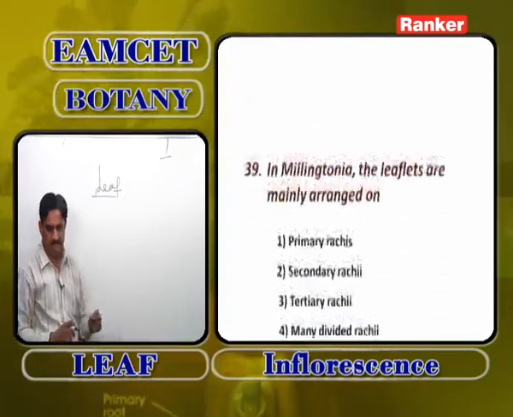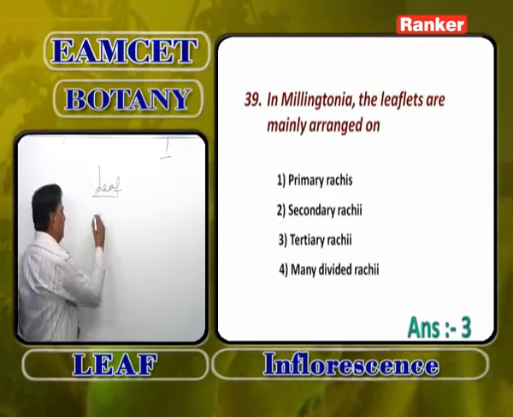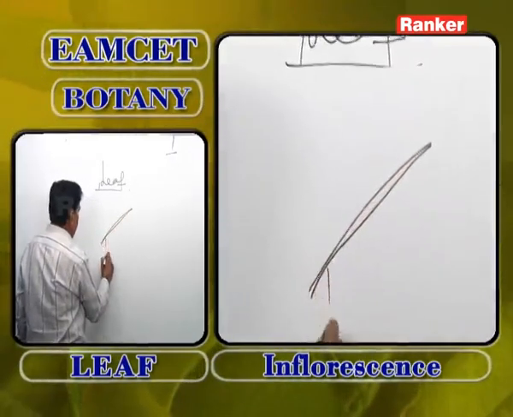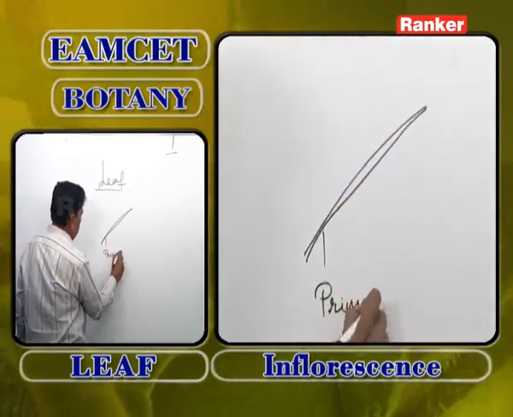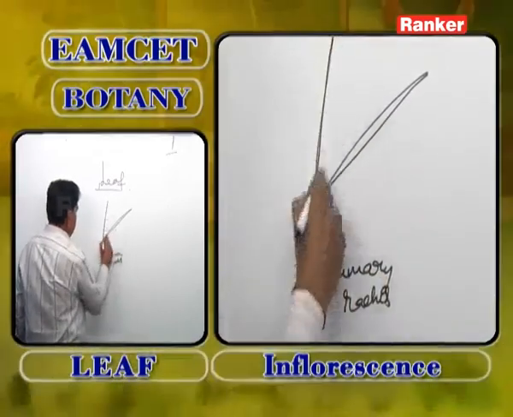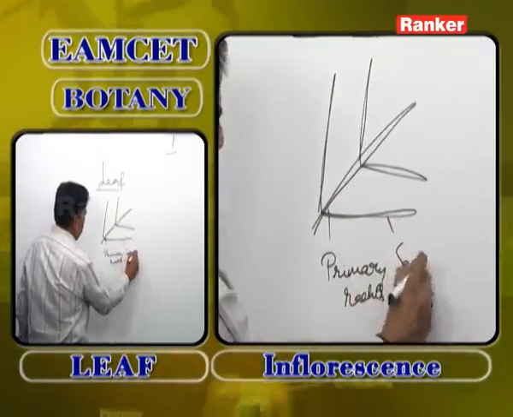Next. In Millingtonia, the leaflets are arranged in a special way. Millingtonia shows first a primary rachis. On this primary rachis, slowly secondary rachis are produced.